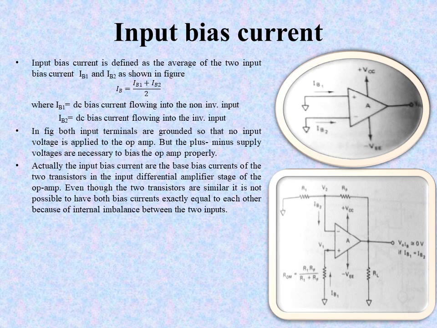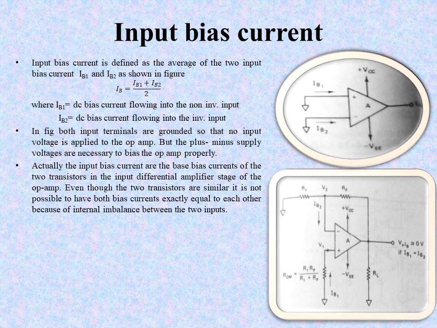Actually, the input bias currents are the base bias currents of the two transistors in the input differential amplifier stage of the op amp. In order to see what input bias current means, we go back, you can remember the differential amplifier circuit.